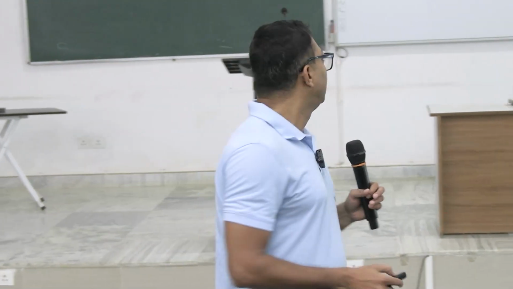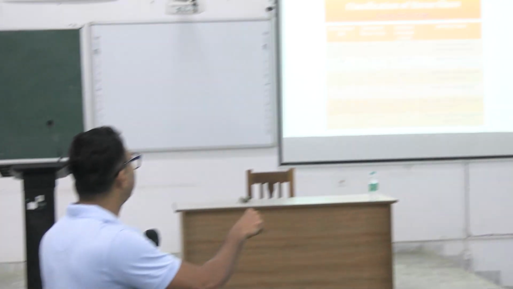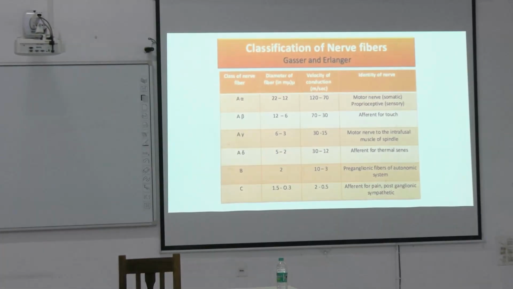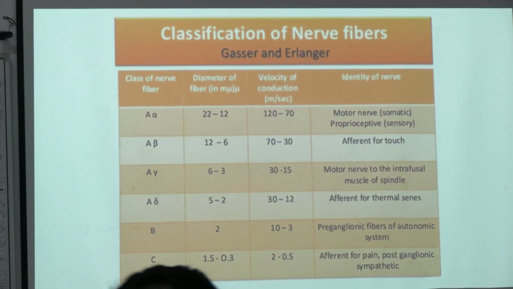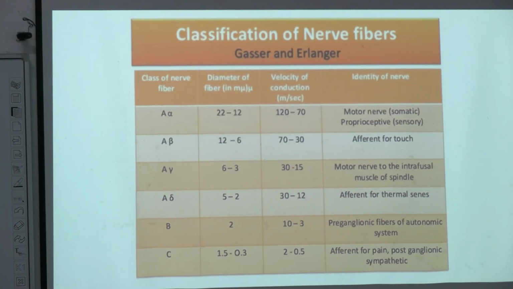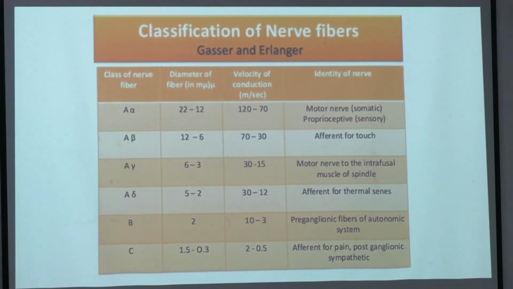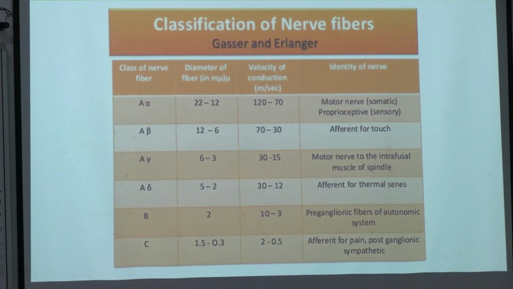Now A beta, it carries touch. A beta is afferent for touch. A gamma is the gamma motor neuron, it is purely motor and has no sensory counterpart. It is located within the intrafusal fibers of skeletal muscles.